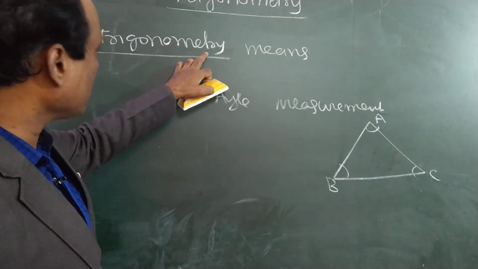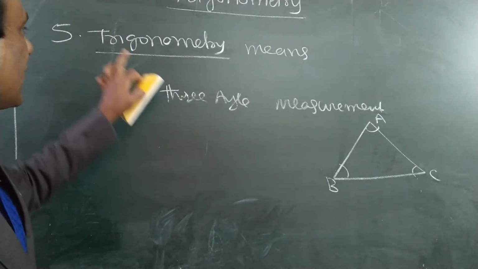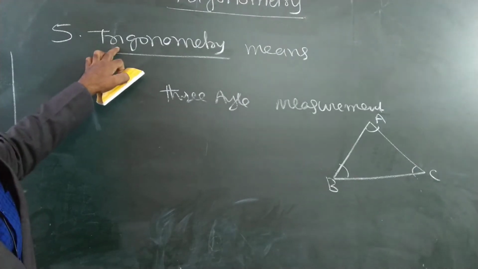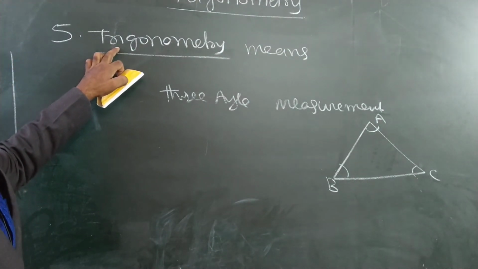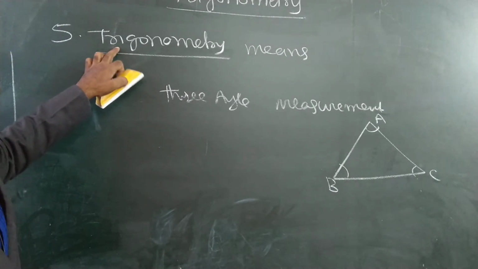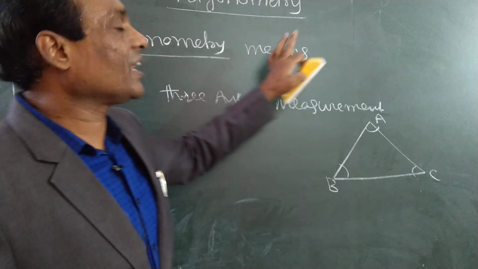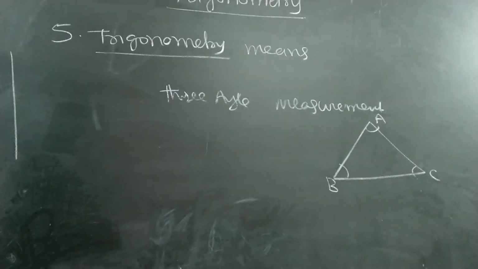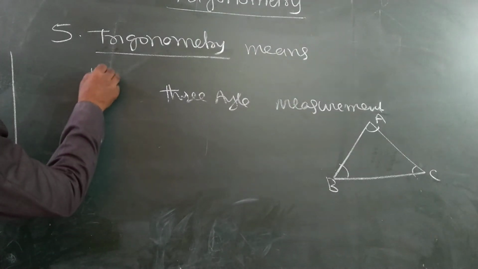Metry means measurement. Tri means three. Bi means two, tri means three, quadra means four, like that. Trigonometry means triangle measurements. Write down in the next word.